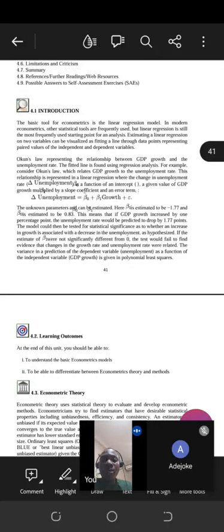So if you continue from the second paragraph here, it says Okun's law represents the relationship between GDP growth and the unemployment rate. The fitted line is found using regression analysis. For example, consider Okun's law, which relates GDP growth to unemployment rate. This relationship is represented in a linear regression, where the change in unemployment rate is a function of an intercept, a given value of GDP growth multiplied by a slope coefficient and an error term.